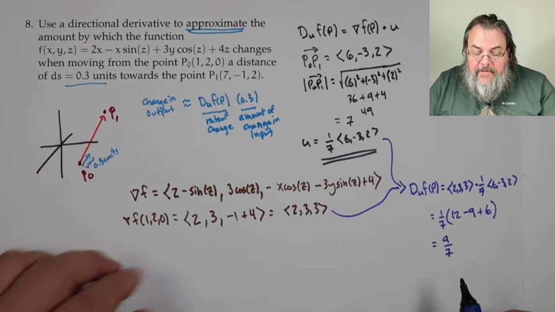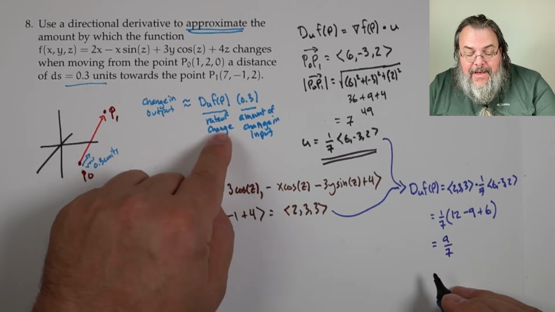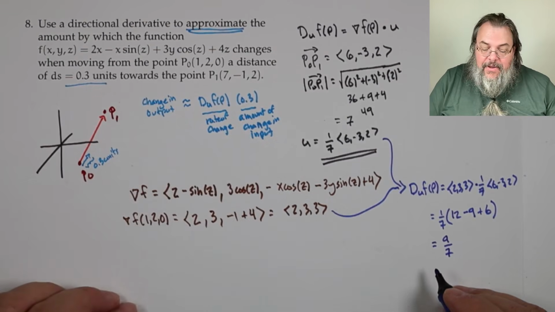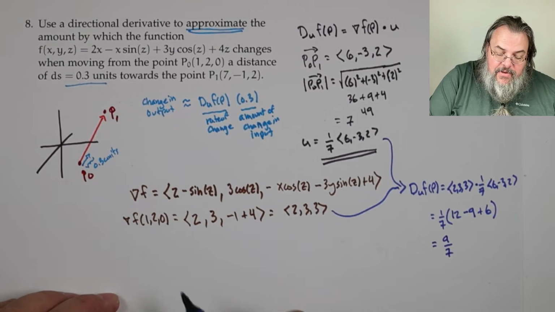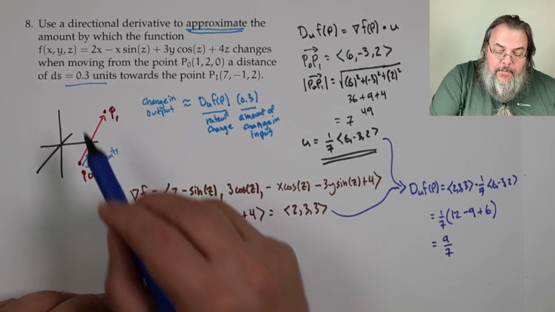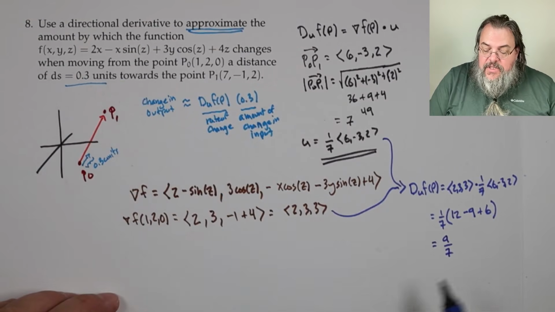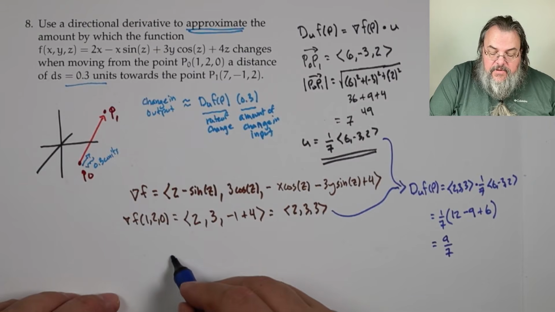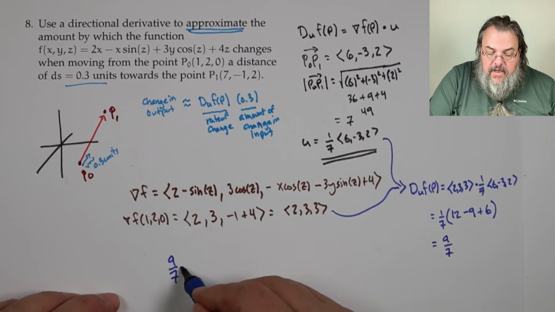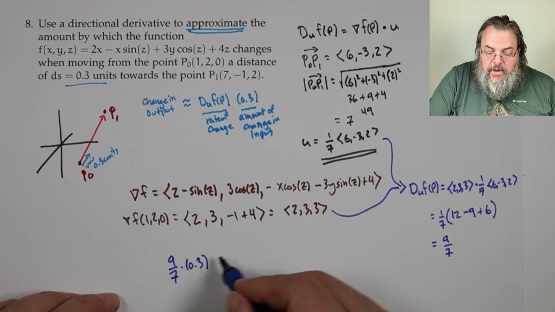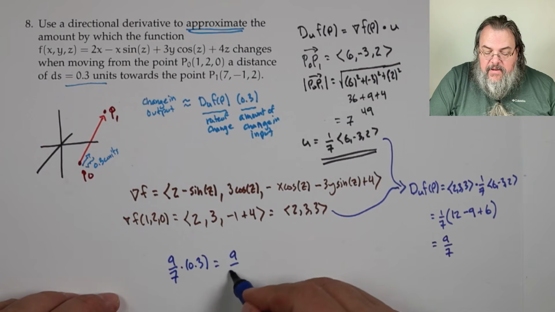Now, that's not our final answer. That needs to be multiplied by 0.3, since this is our estimation for the amount by which the function changes. So we take 9 over 7 times 0.3, which, by the way, is 9/7 times 3/10.